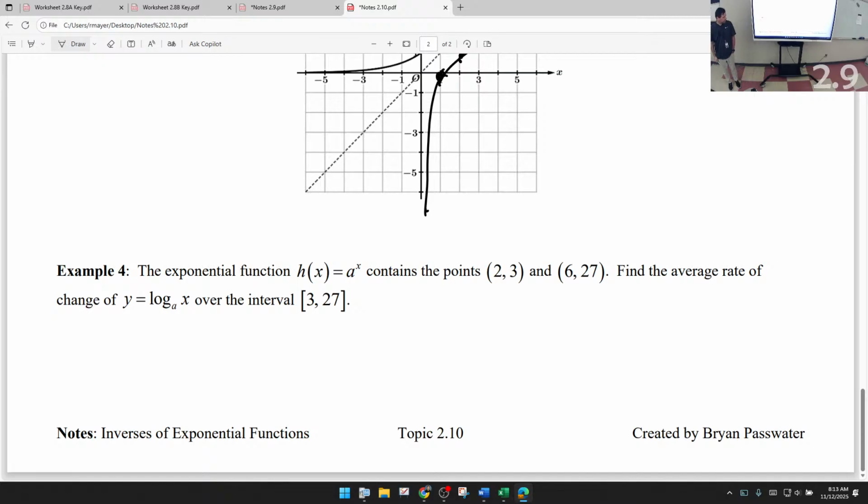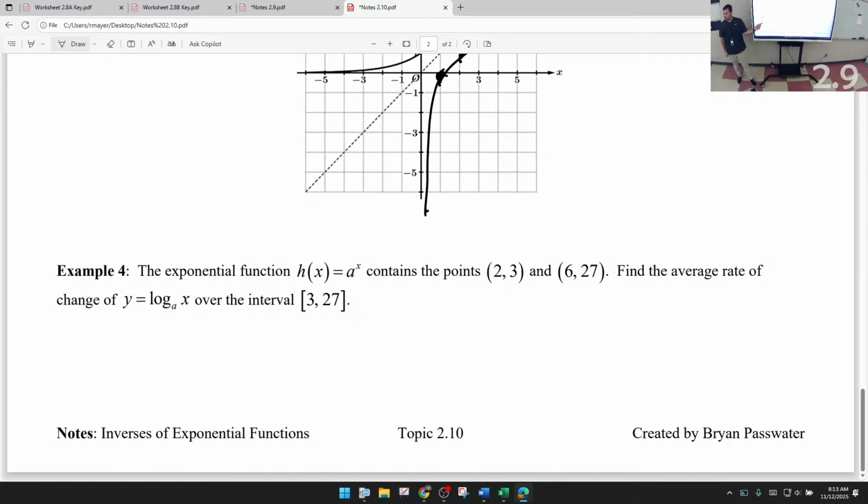All right, that's the last one. The exponential a to the x contains the points 2, 3, and 6, 27. Okay, I guess it does. Find the average rate of change of y equals log base a of x from 3 to 27. This is where you've got to really think about what's going on. What type of function is this one? Exponential.